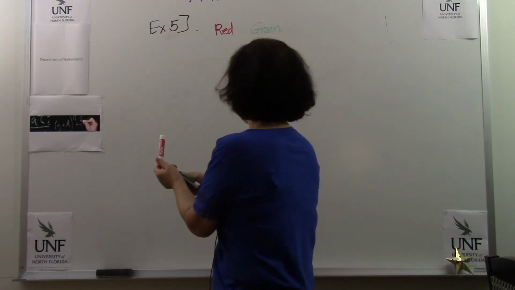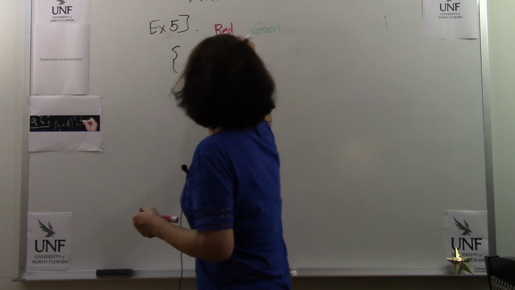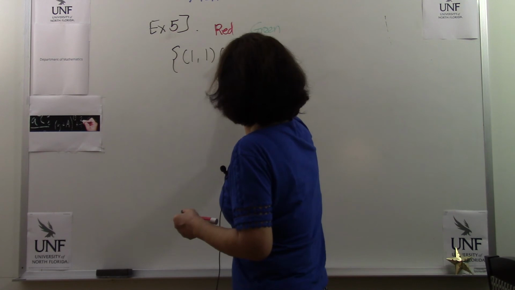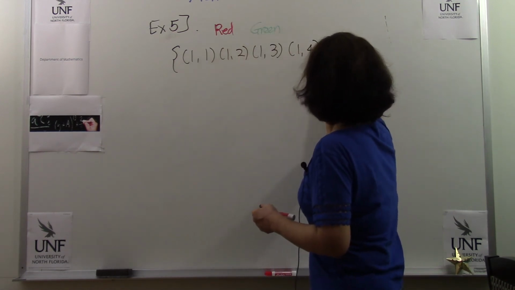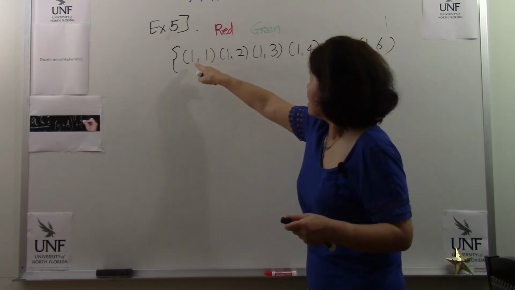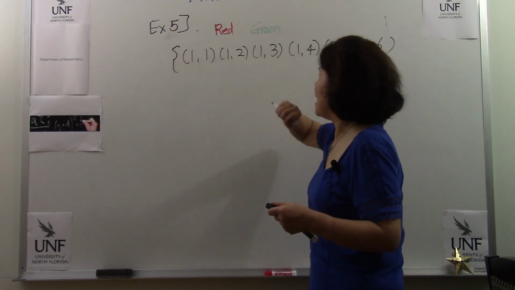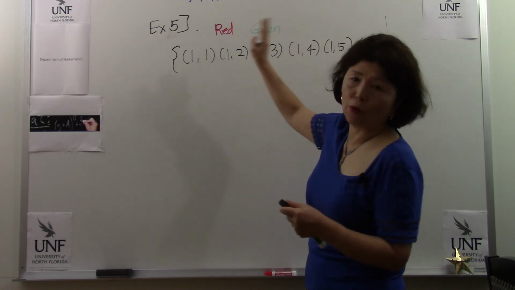That's why it is convenient to say the sample space is 1 1, 1 2, 1 3, 1 4, 1 5, and 1 6. So each time it is just 1 on the red die, and on the green die all different possibilities from 1 to 6.